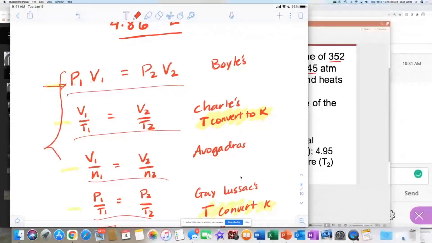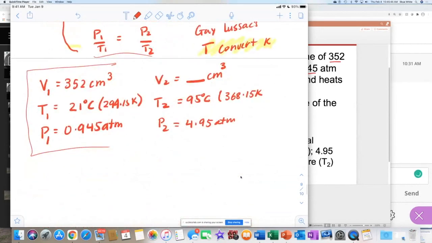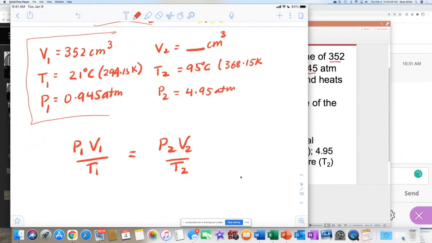So none of these by themselves will work. You have to use the combined one, right? So you gotta use P1, V1 over T1 equal P2, V2 over T2. Other than that, the rest is just plug and chug.